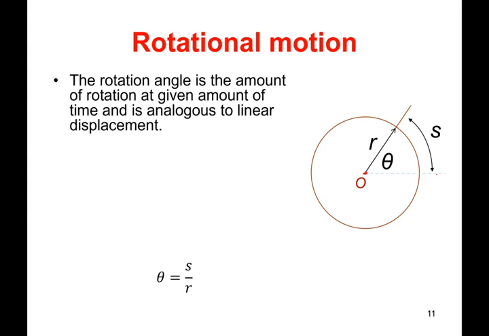So the rotation angle, theta, is the amount of rotation at a certain time, and is analogous to linear displacement. So we have rotation angle, which is analogous to linear displacement.